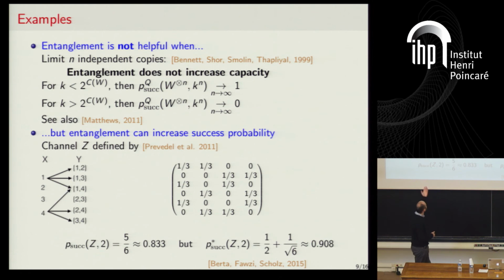It doesn't matter what the channel is exactly, but the optimal success probability for sending a bit over the channel is 5/6, but with entanglement, sorry, there's a typo, that's supposed to be P_Q, P quantum, the success probability is a bit bigger. Again, my objective is: is this the only example where it's bigger, or to what extent can quantum help, and in which settings?